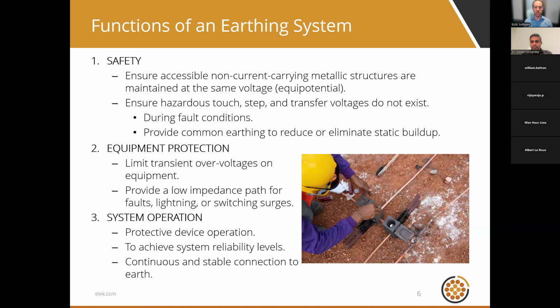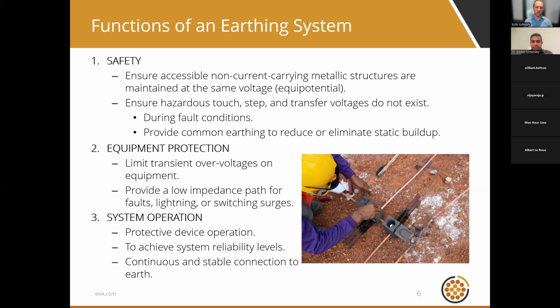The main functions of an earthing system, there are three: safety, equipment protection, and system operation. Under the safety category, an earthing system should be designed to ensure any conductors that are accessible are maintained at the same voltage, or are equipotential.